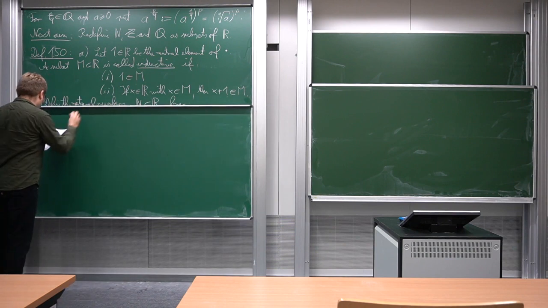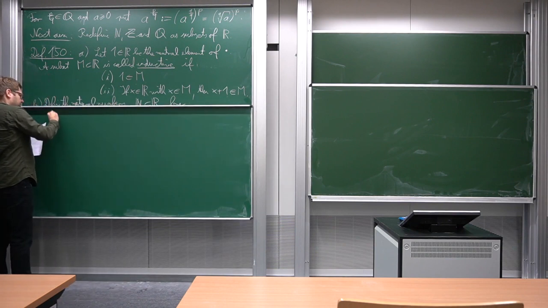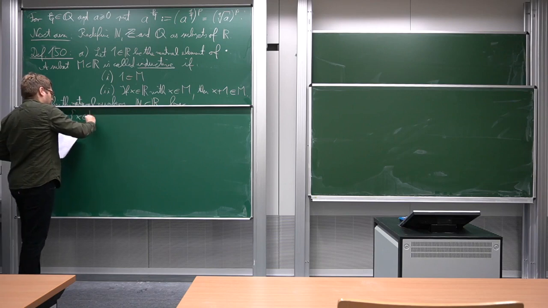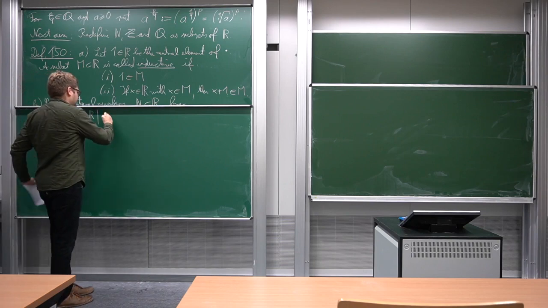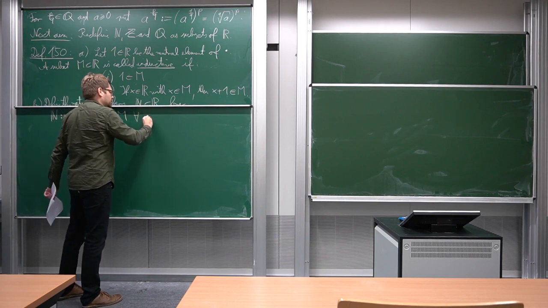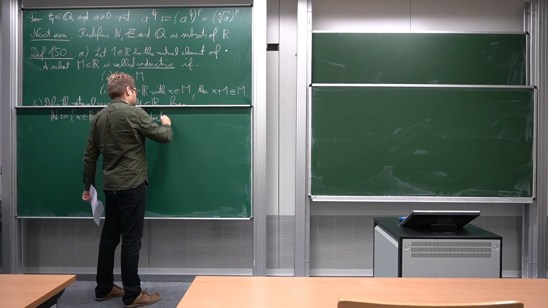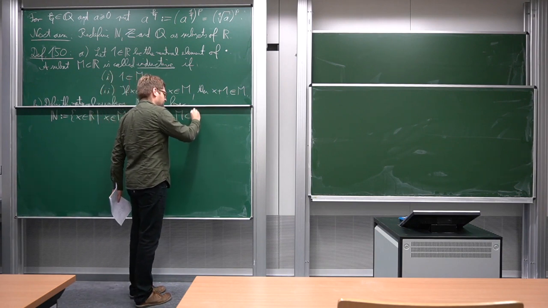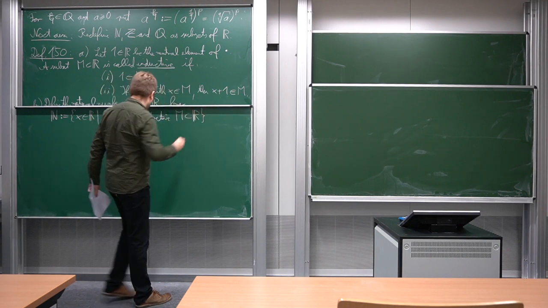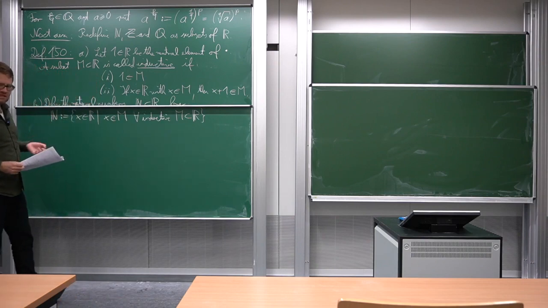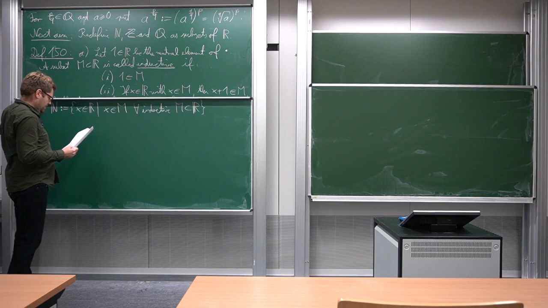We can describe this as a set as N is to be defined as the set of all x in R, which lie in every inductive subset. x lies in M for all inductive subsets M of R. This could also be defined as the intersection of all inductive subsets of R. That's another way of putting this.